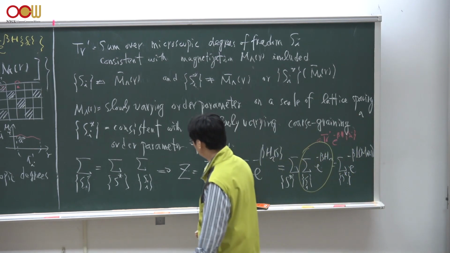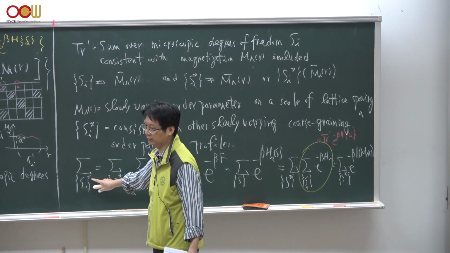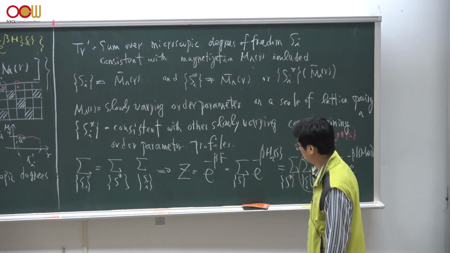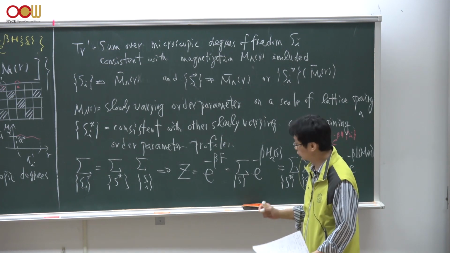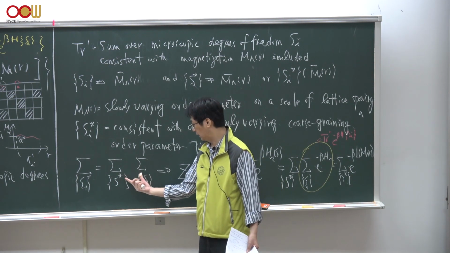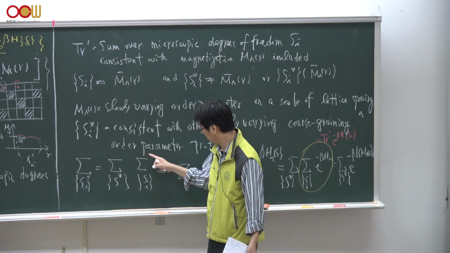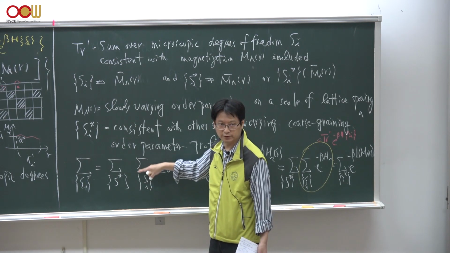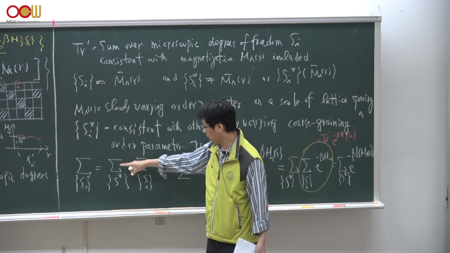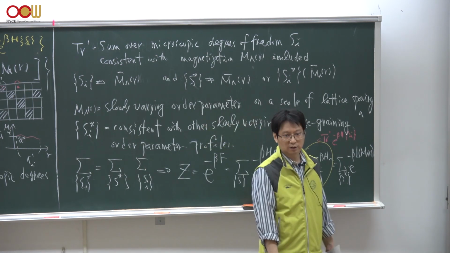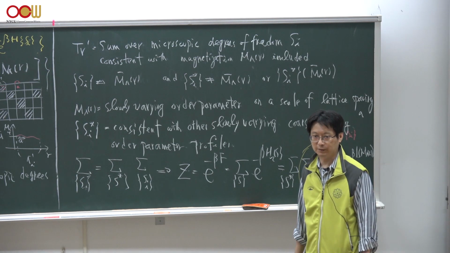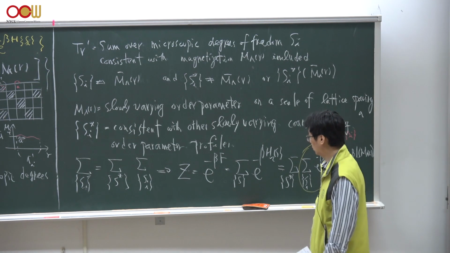Therefore, you could decompose the trace, or sum over all the microscopic spin degrees of freedom, as a product of two summations. The first one sums over a particular block spin's degrees of freedom, and the second sums over all the other remaining microscopic spin degrees of freedom, which I call S star.